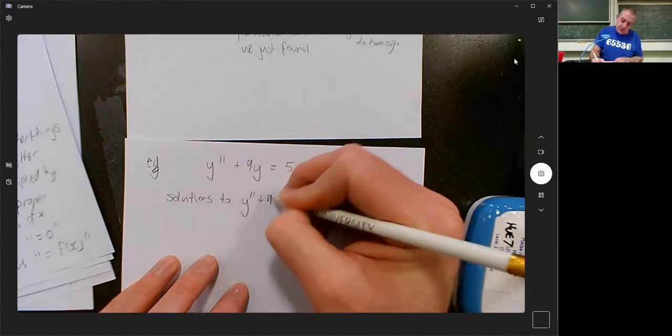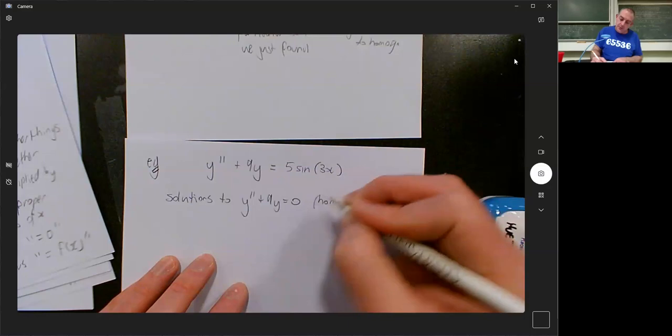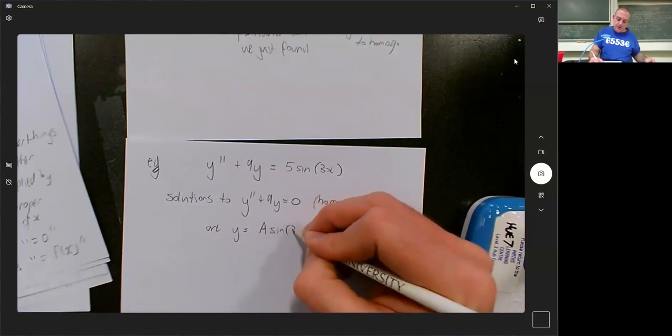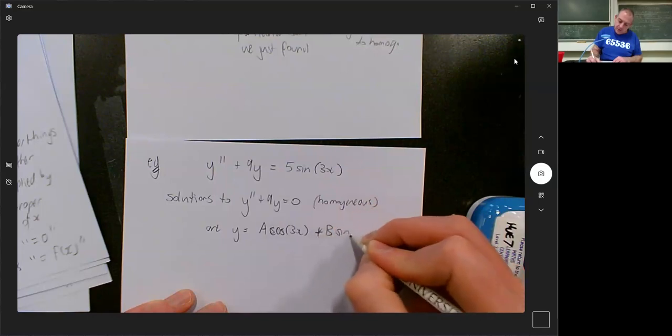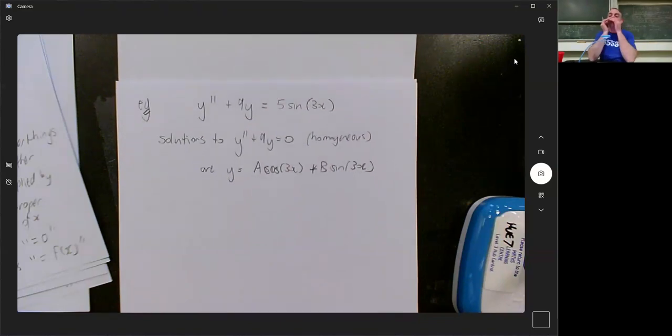Solutions to y double dash plus 9y equals 0, which is the homogeneous equation. y equals a times cos of 3x plus b times sine of 3x, which we already had earlier. I'm very much hoping that what I'm about to do is going to work, because I'm still every year finding little nuances in this particular area of Maths 1B that I didn't realise about.